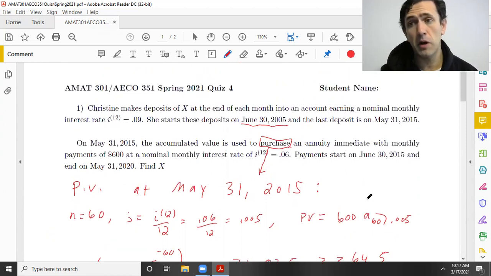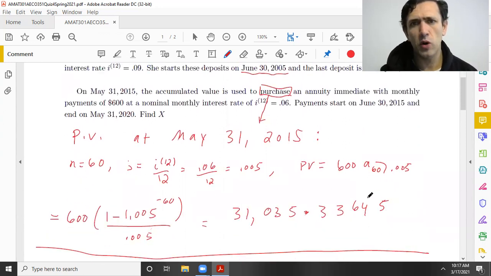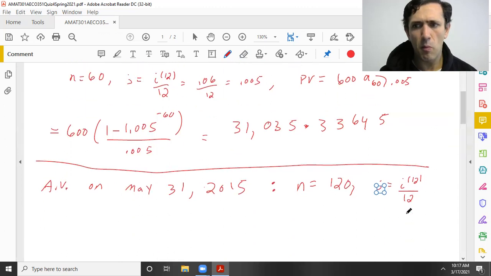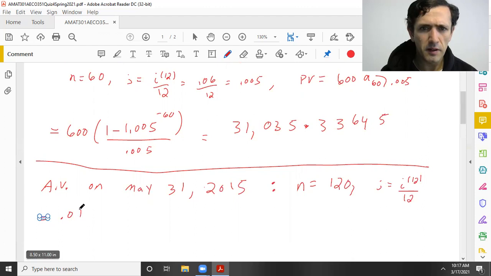The per-month interest is i12 over 12, so j is going to be 0.09 over 12, so it's 0.0075.